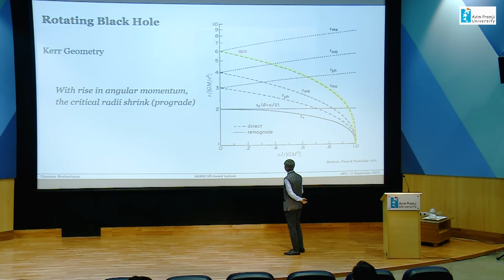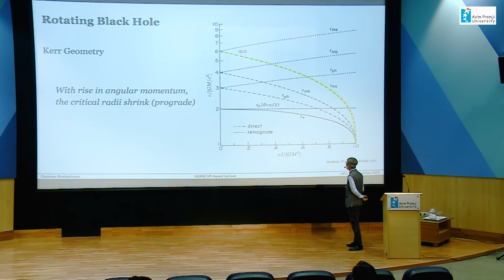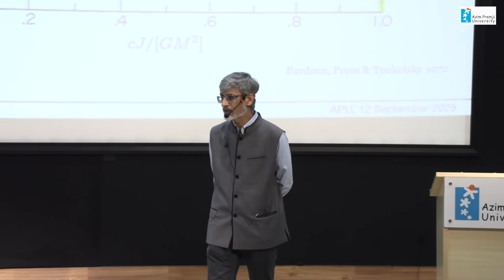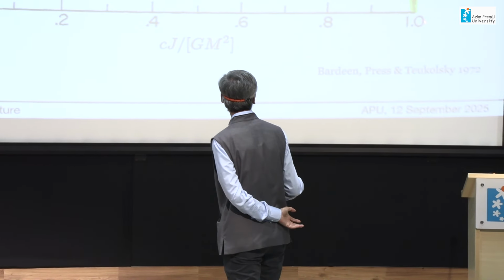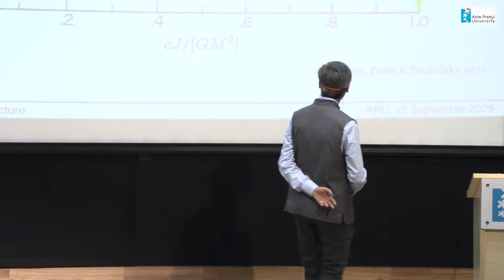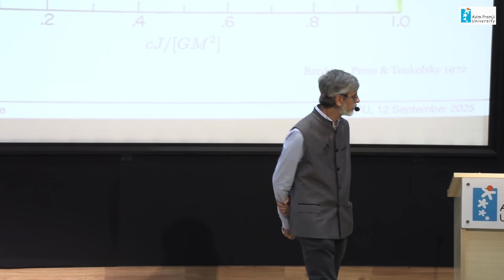J being the angular momentum of the black hole, M being the mass of the black hole, this quantity can only go from 0 to 1. You cannot have an angular momentum larger than this, and this is called the critical angular momentum or maximally rotating black hole. This is Kerr geometry, and these are called maximal Kerr black holes.